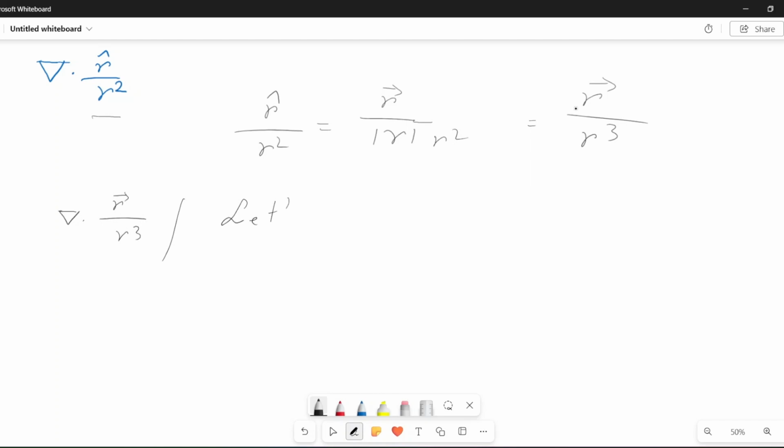Let's consider this vector r as x i cap plus y j cap plus z k cap.